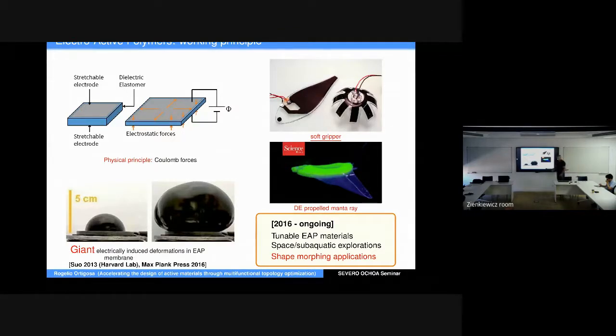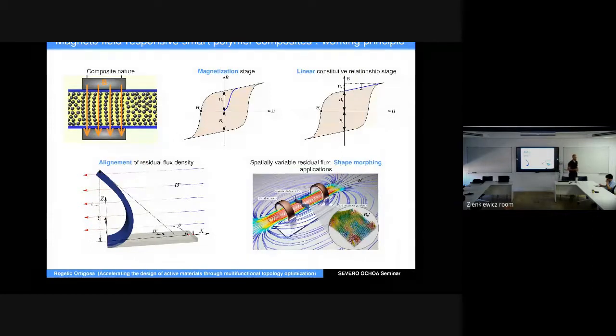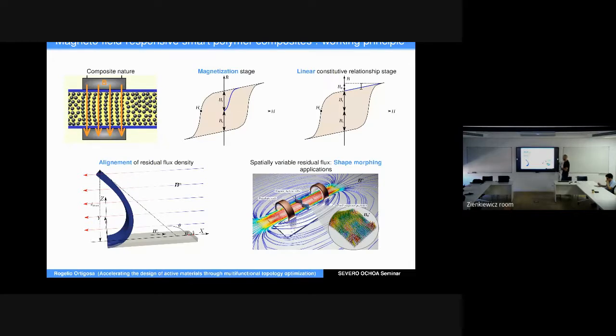Okay? This is one of the materials that I'm going to be mainly focusing on during my presentation, and there is one that I'm going to briefly mention in one application, which is very interesting because the working principle is very different. It's actuated magnetically. So it's a composite which comprises a very flexible elastomeric matrix, and it's going to contain rigid inclusions.